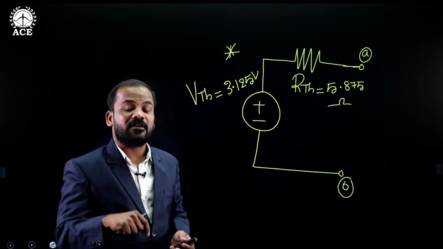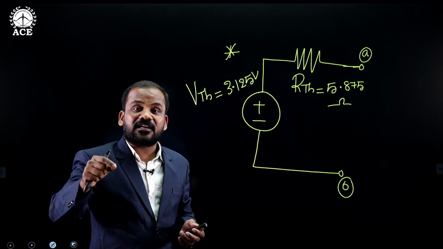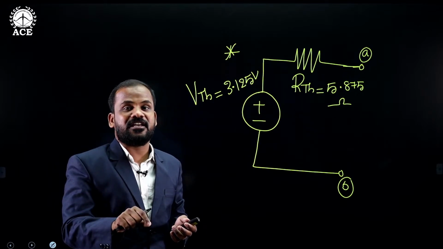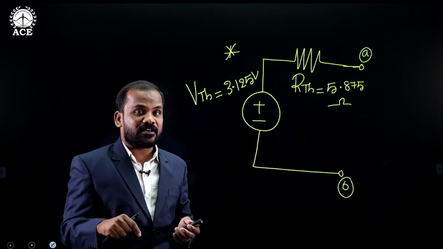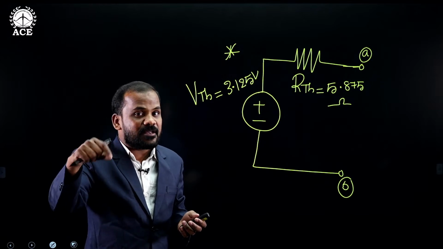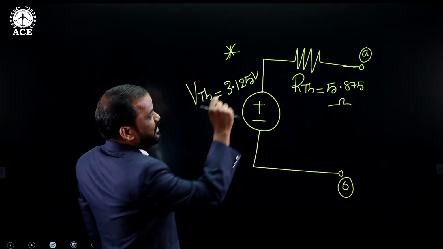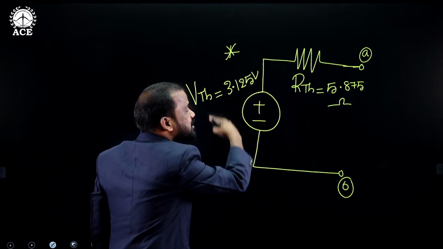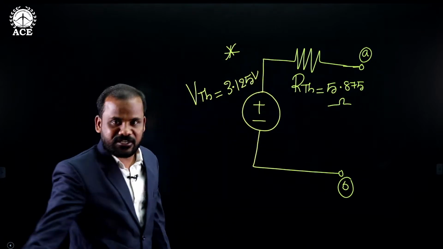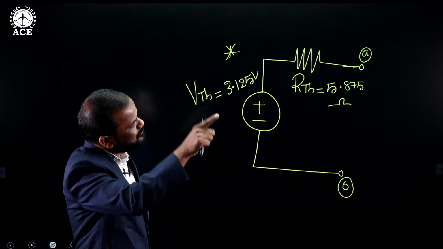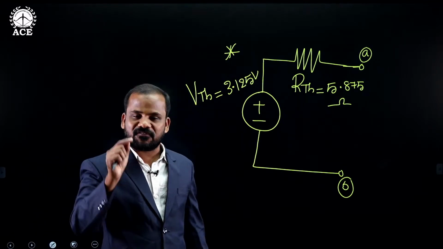Okay, are you getting my point? Connect the load resistance that was initially disconnected from the given network across the open terminals of the equivalent circuit of Thevenin's theorem, and then find the value of current flowing through it. That gives the final response.